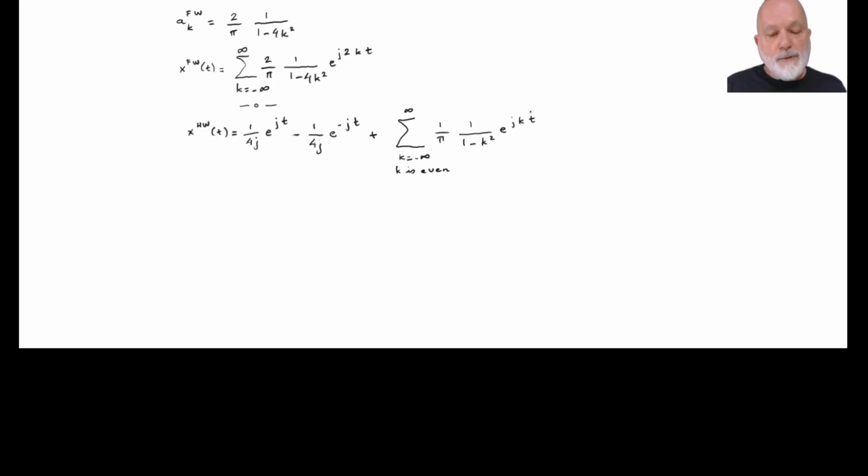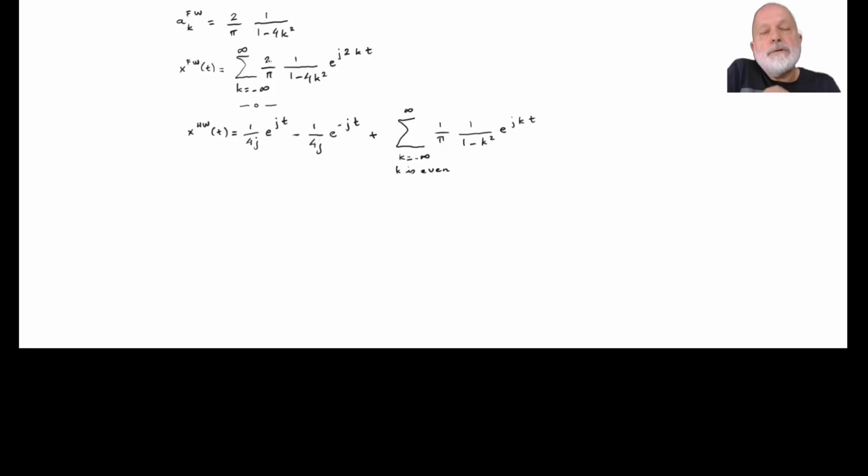Now, we observe a certain resemblance between the Fourier series coefficients of the half wave and full wave rectified sine signals. We have 1 over 1 minus k squared here. We have 1 over 1 minus 4k squared in the other one. And we have the multiplier 2.